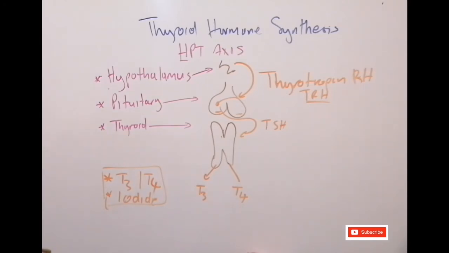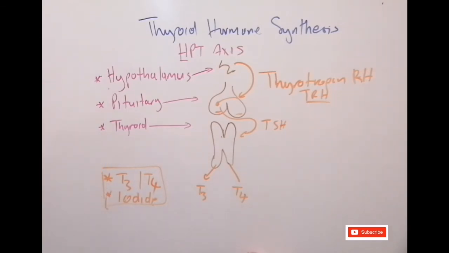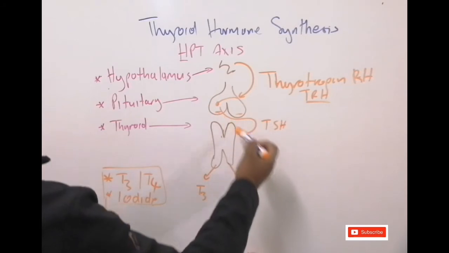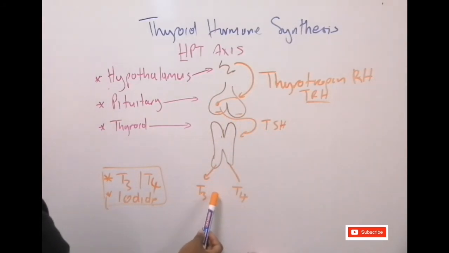So when you have a situation whereby you've got a reduction of these, that's what will cause the release of TRH, subsequently the release of TSH, and the release of T3 and T4.